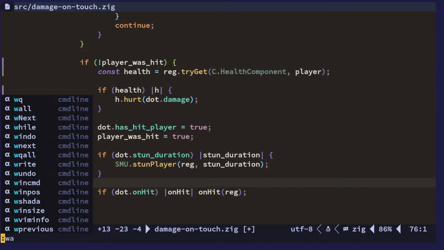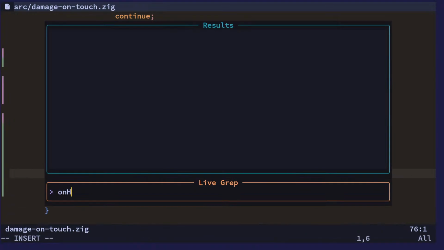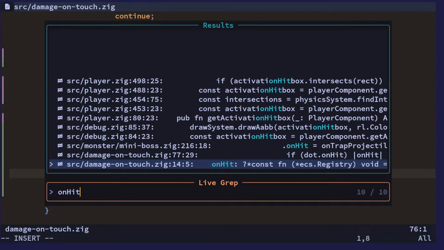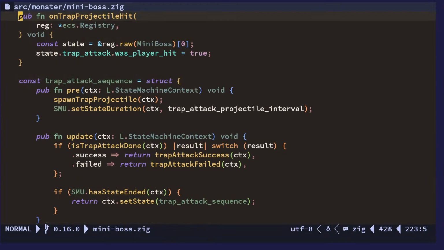We could also just continue there. I just want to do this, but also the on hit. I'm curious how we use that. It's only used here on trap hit.